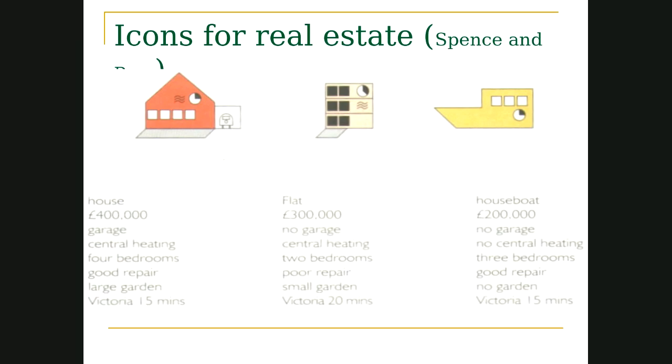So here are some icons. They look like Chernoff faces, but they're made for real estate. So let's say this is London, and I'm interested in purchasing a house, and these are three of the houses that are available. And here is the coding. The overall shape tells you what kind of apartment that is.